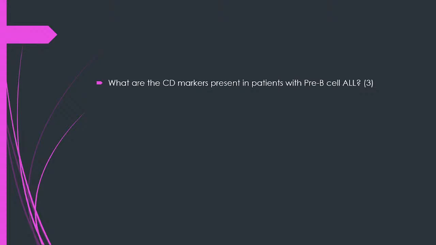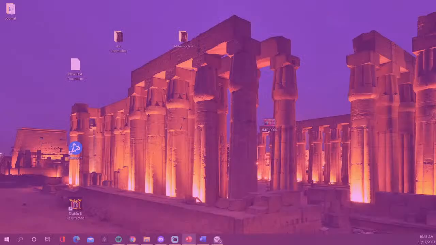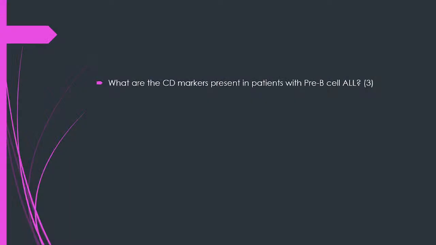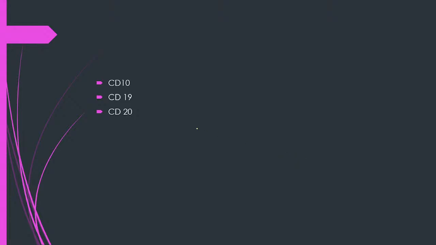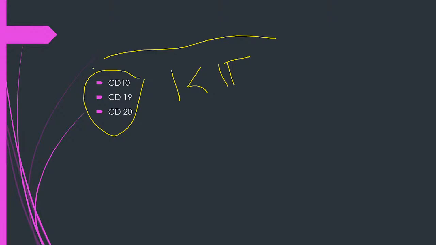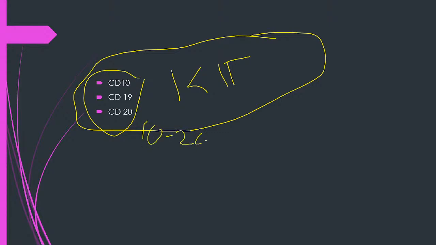What are the CD markers present on patients with pre-B cell ALL? Well, you have 10, 19, and 20. How do I remember this, sir? I'm not very sure, but these are your what we call kit ligand molecules. For me to remember this, there's 10 and 20 pieces of samples in my kit.